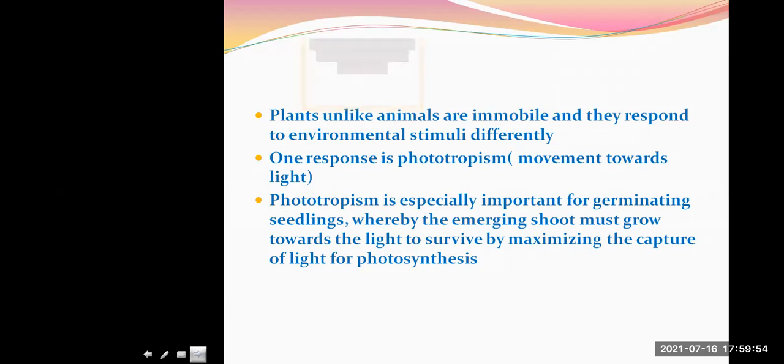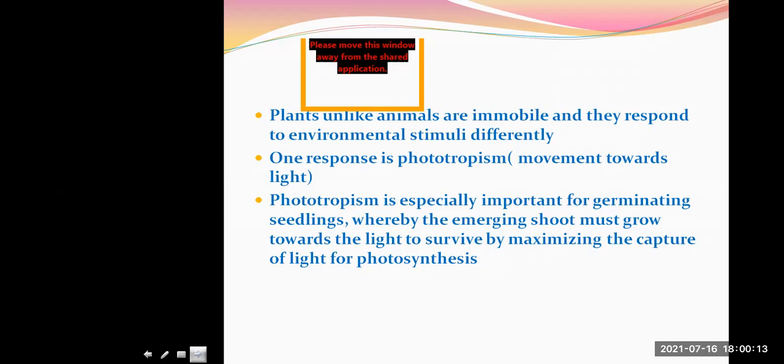But plants cannot do it. Plants, being immobile, have some other capabilities by which they can cope with this limitation. Plants are not like animals, and they respond to environmental stimuli differently.